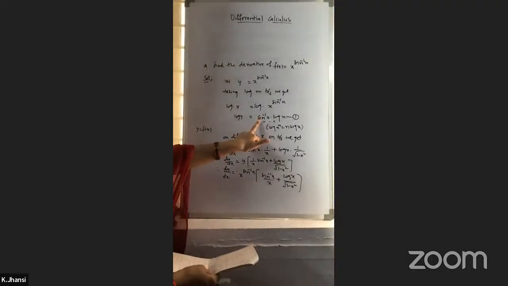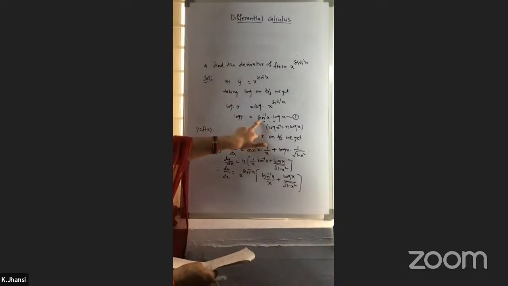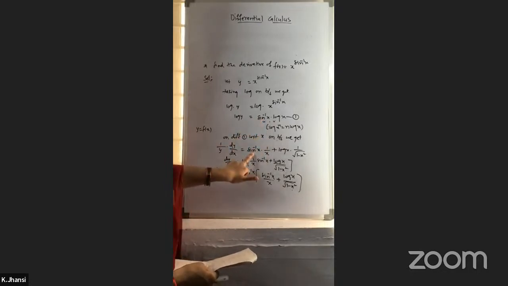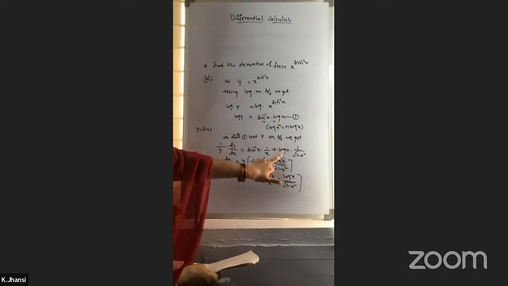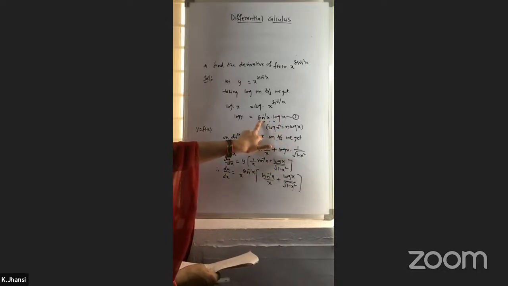Ma'am, in that equation, how did we get root of 1 minus x square? This is the differentiation of sin inverse x. I have given the formulas just now. So UV rule, no? In the UV rule you keep one constant: log x differentiation is 1 by x, plus log x constant, sin inverse x differentiation.